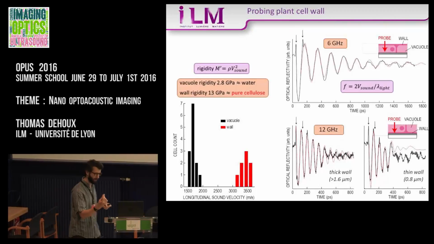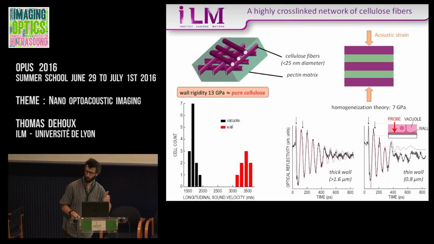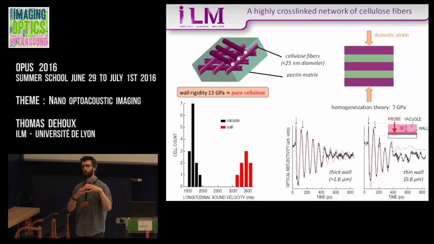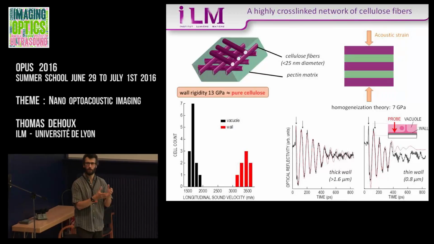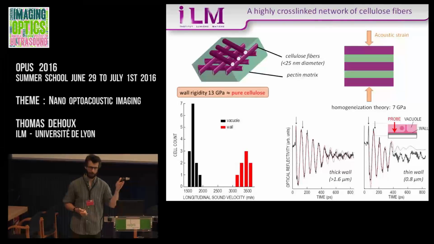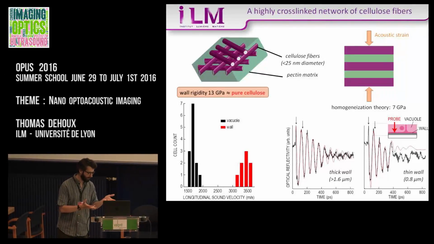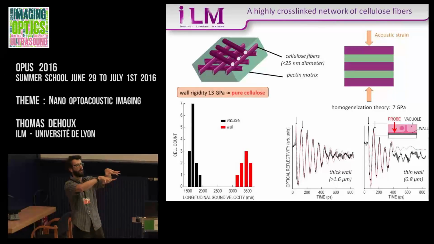And this is surprising because the cell wall is composed of cellulose, but not only, there's also a pectin matrix that embeds the fibers. So from a mechanical point of view, you would expect the two components to influence the average rigidity you measure. And given the structure of the cell wall, you have the fibers, which are roughly aligned in this direction, and you are compressing with the acoustic wave in the other direction.